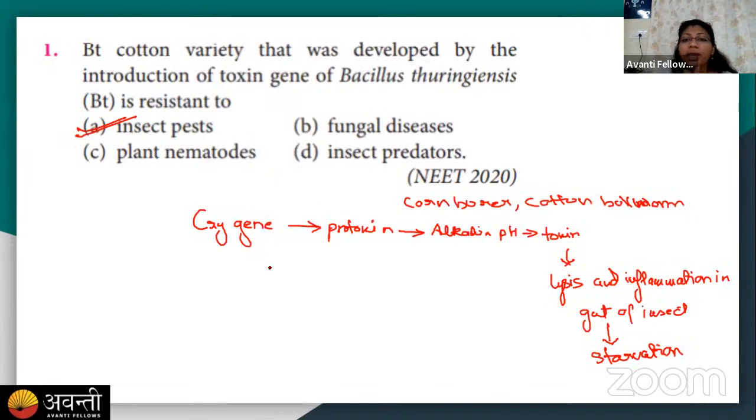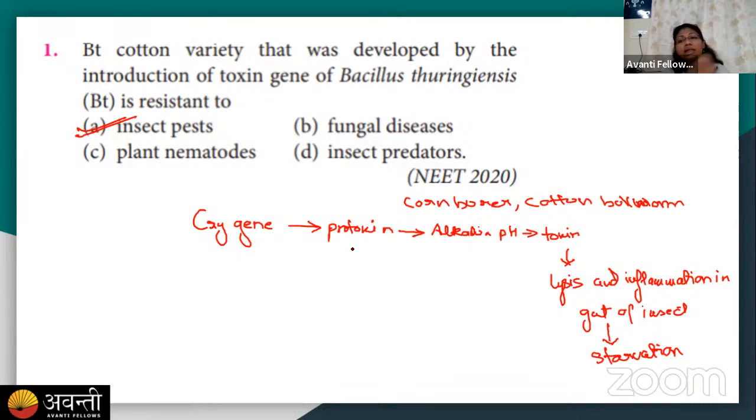Right. So as I have already discussed, these Bacillus thuringiensis bacteria have a gene that is known as the cry gene. These cry genes are responsible for the formation of a toxin. That is a protoxin, because that toxin substance is not in an active form.